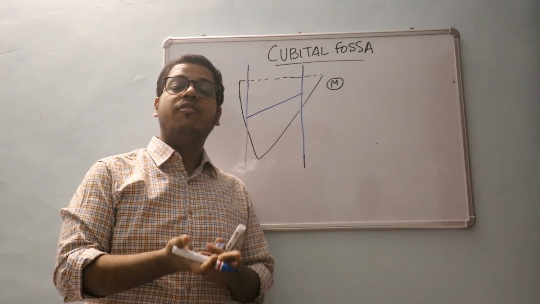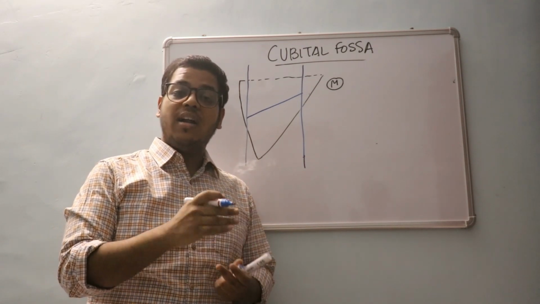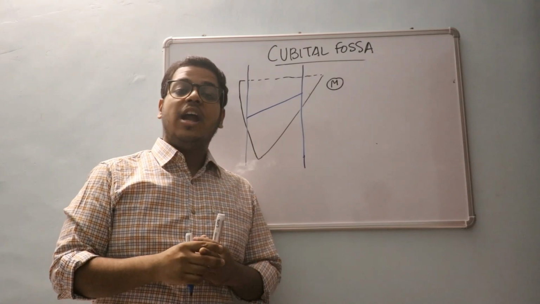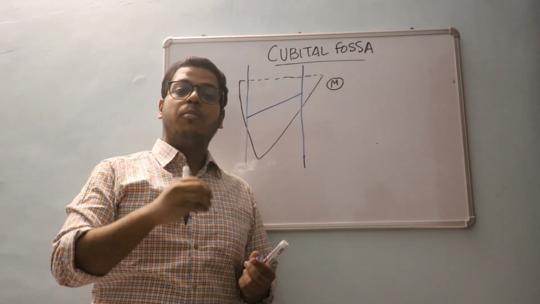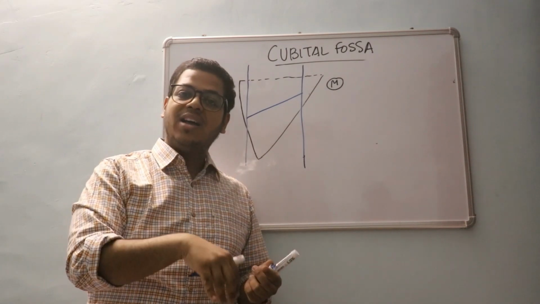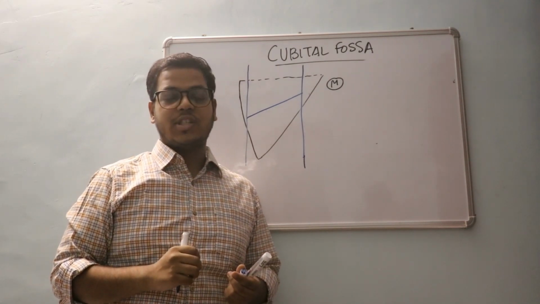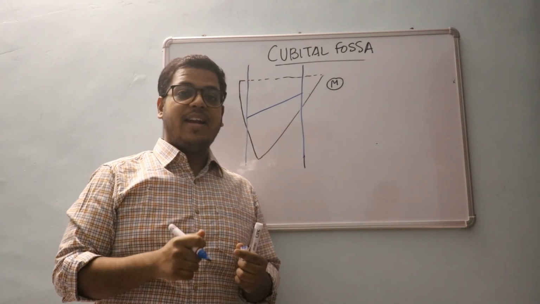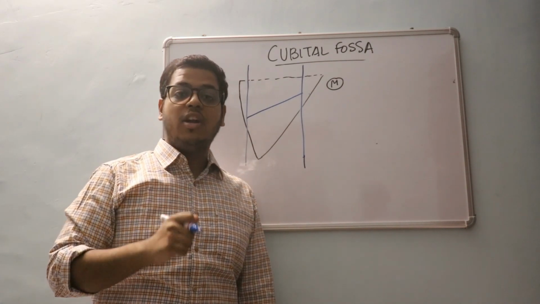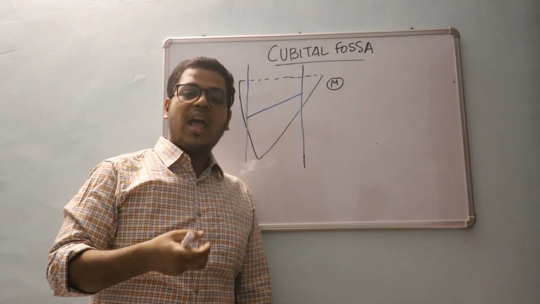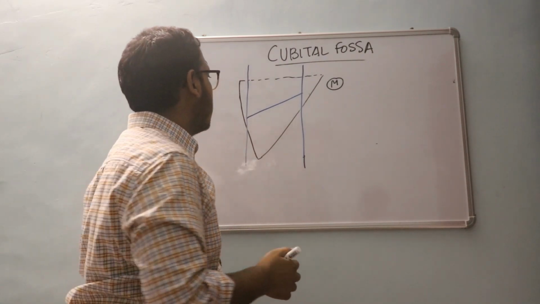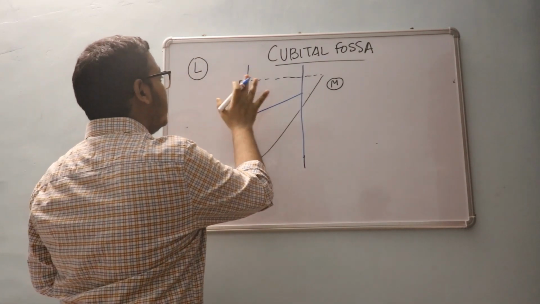It is also a very fixed vein because it has perforating veins that pass through the bicipital aponeurosis. So it is very much fixed, and that is why it is a very, very important vein for IV manipulations.